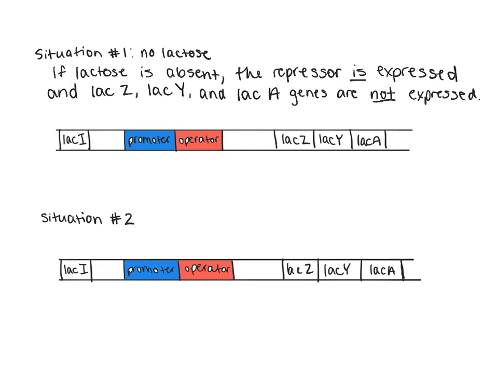The repressor being expressed means, remember, it gets expressed by the Lac I gene. So let's draw our repressor here. The Lac I codes for the repressor. Great, we have our repressor.